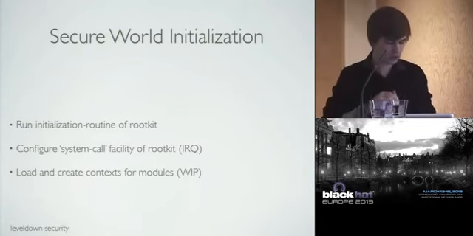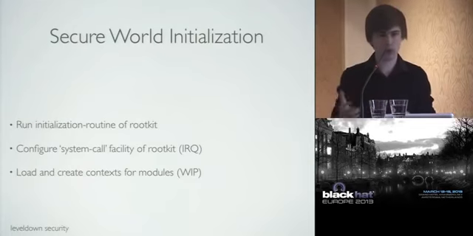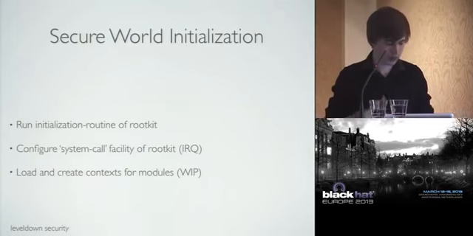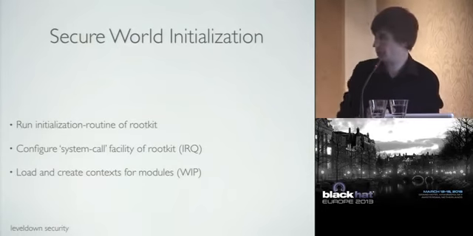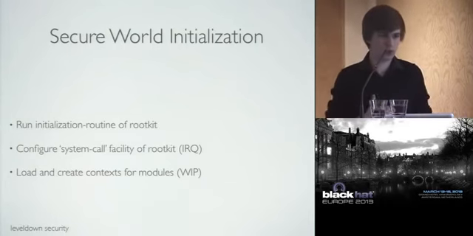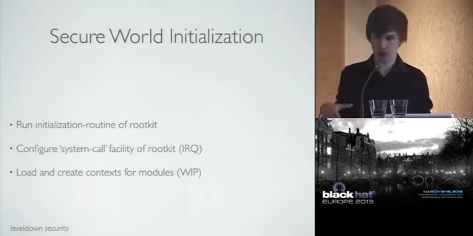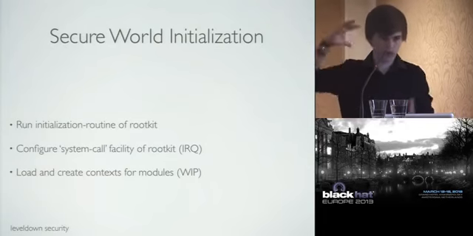This secure world initialization runs a standard initialization routine, like load up some memory, create some structures in RAM and so on, and then configure a system call facility, because the rootkit I wrote provides a base system call facility to do stuff like read address ranges from the normal world, read data from the eMMC, which is quite some overhead.